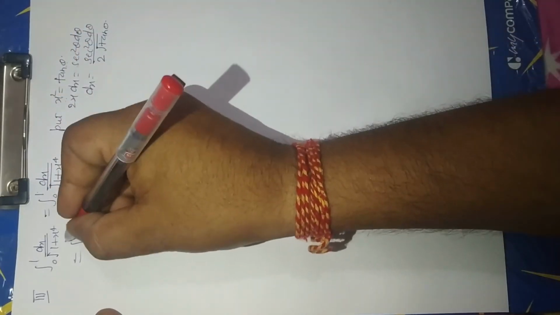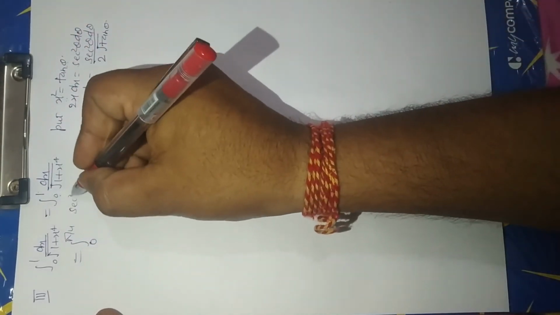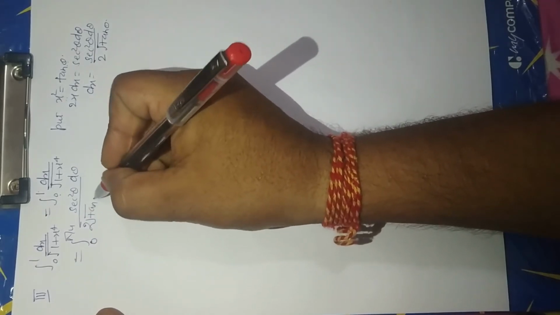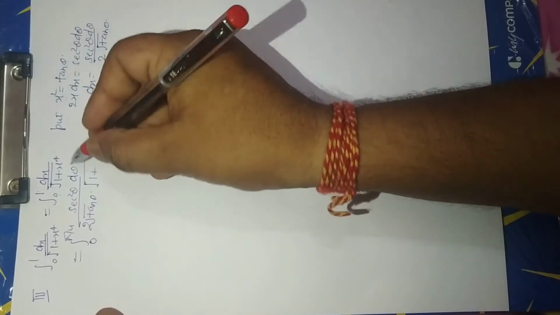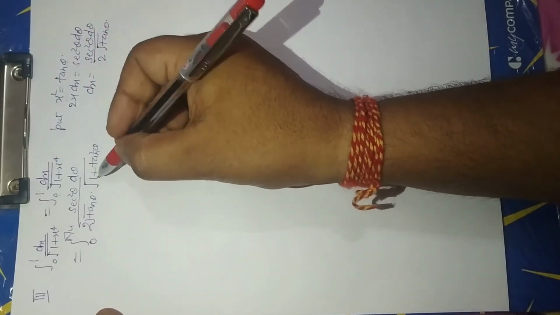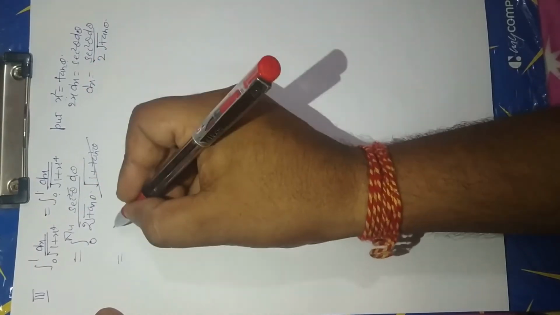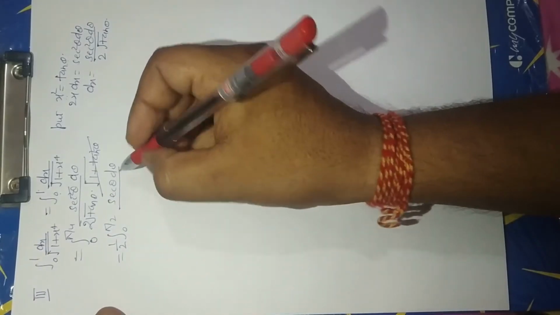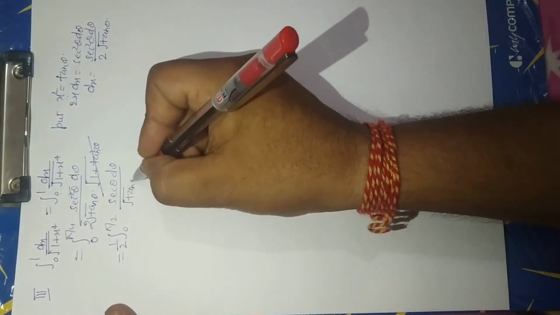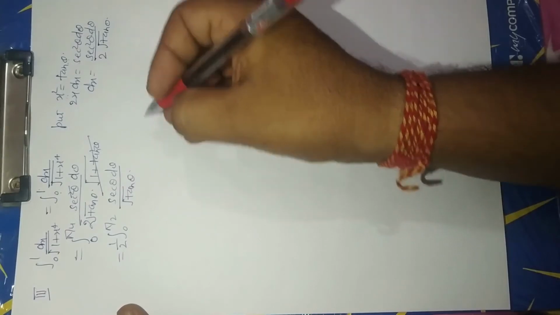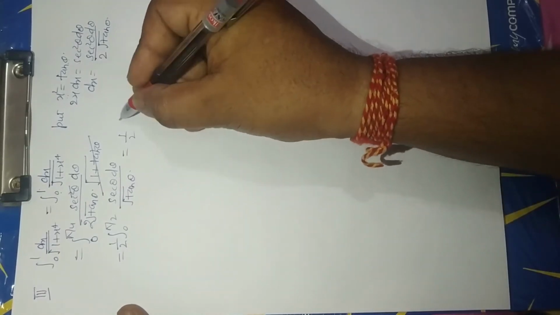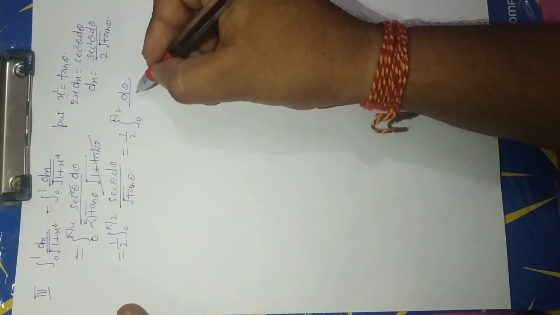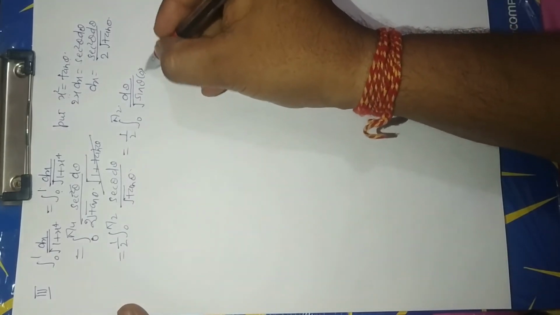When x is equal to 1, then θ is equal to π/4. So dx is sec² θ dθ upon 2√(tan θ). Now √(1 + tan² θ) is sec θ. Now the power cancels, and this is equal to limit 0 to π/4, 1/2 common, sec θ dθ upon √(tan θ). Now 1/2 integral limit 0 to π/2, dθ upon √(sin θ cos θ).